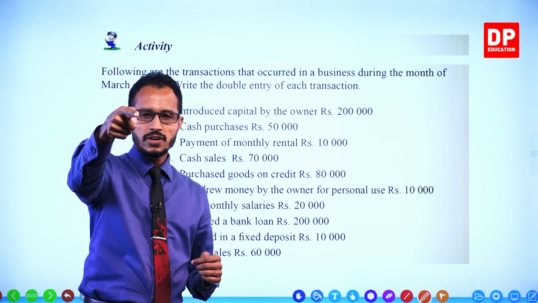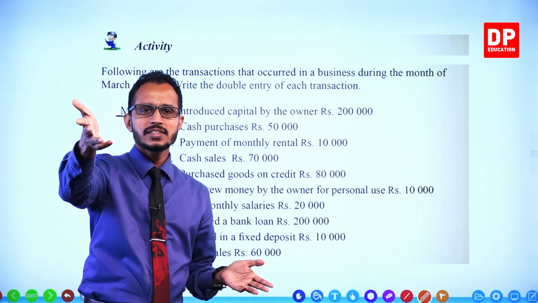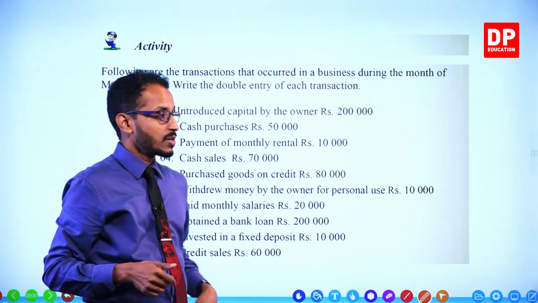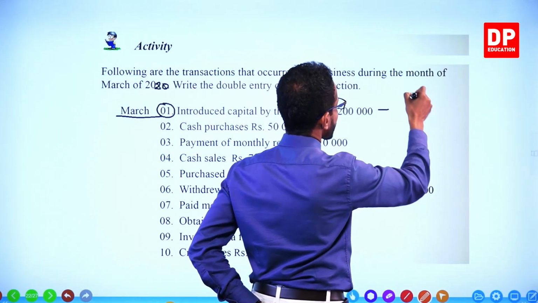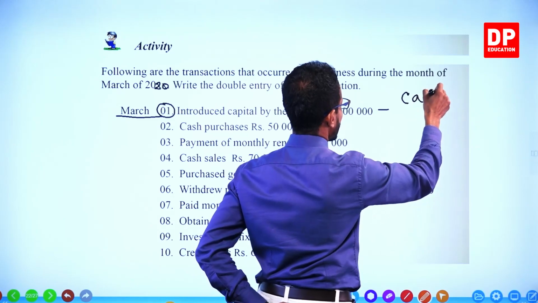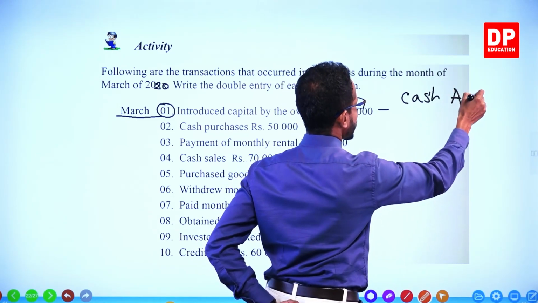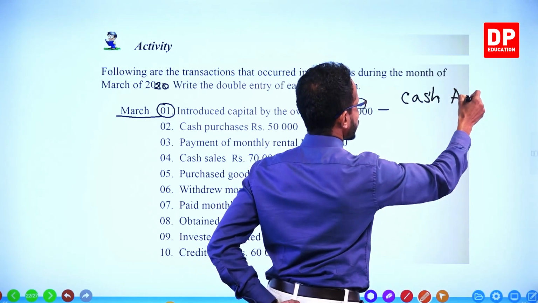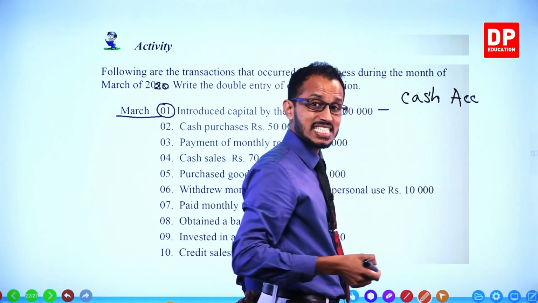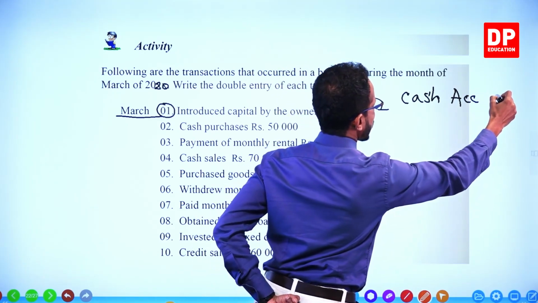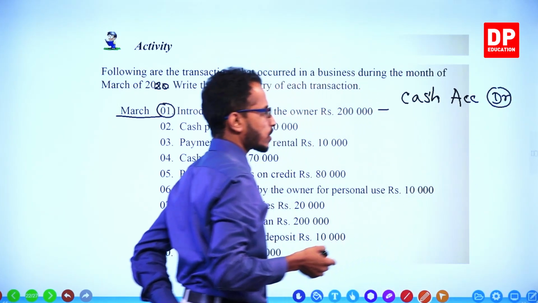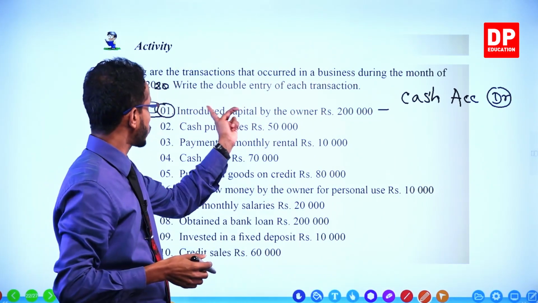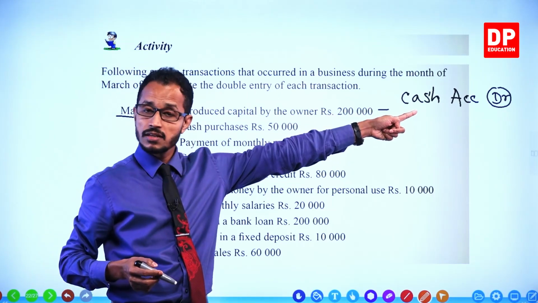Increases of assets, debit. Which account should be debited? Cash account. That's right. I'm going to use the short form ACC for account. Cash account should be debited. On the debit side, you should record 200,000.